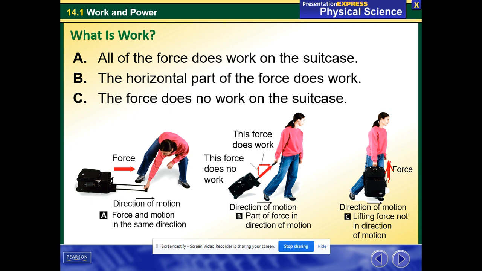So the force is being applied in the upward direction. But notice if she's walking, the suitcase is still going to the right. These arrows are not going in the same direction, so technically none of her force is applying work on this suitcase.